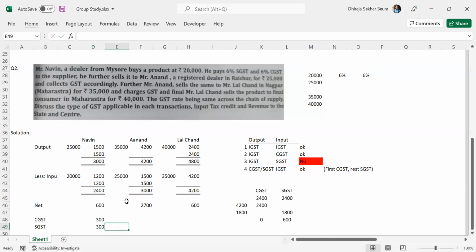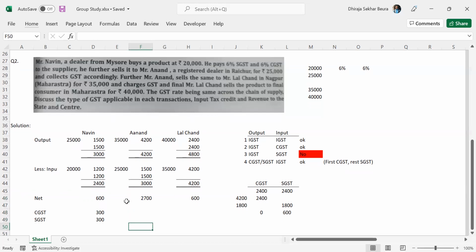Do you remember? Yes, we discussed in the first case. Now the second case, Mr. Anand's case, here the whole 2700 was IGST only.